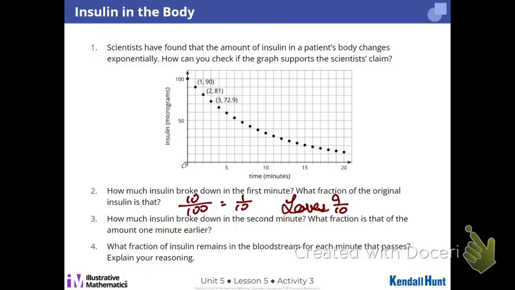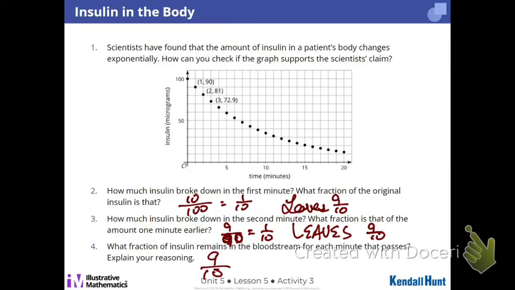So from 1 minute to 2 minutes, it went down 9 out of 90, which is also 1/10, which leaves 9/10. So what's the fraction remaining? 9/10 each minute. All right.